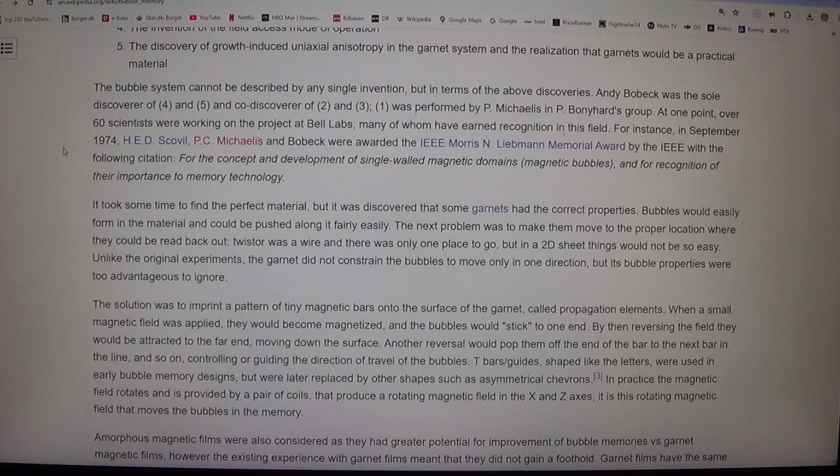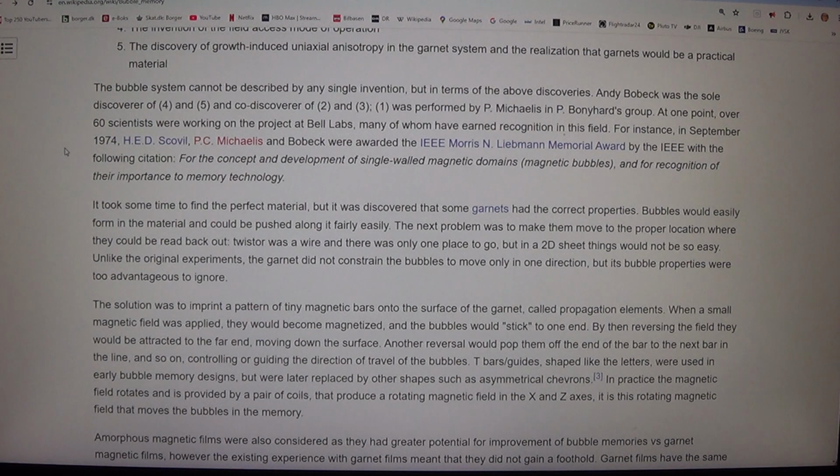For instance, in September 1974, H.E.D. Scovil, P.C. Michaelis and Bobeck were awarded the IEEE Morris N. Liebmann Memorial Award by the IEEE with the following citation: for the concept and development of single-walled magnetic domains, magnetic bubbles, and for recognition of their importance to memory technology.